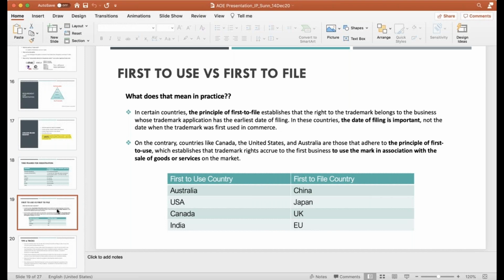So I started selling on Amazon in the USA, as I said, in December 2018. My first product actually took off and did really well. And so in March 2019, I filed in both Australia and the US.